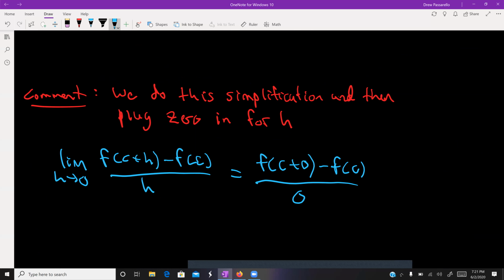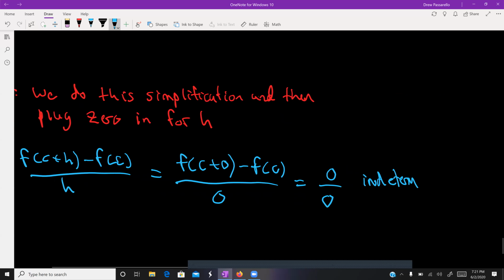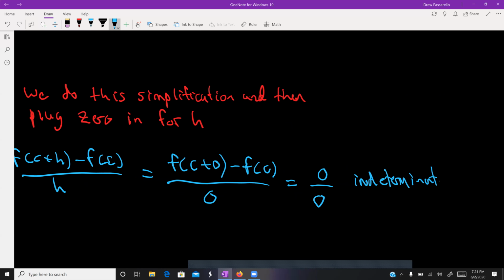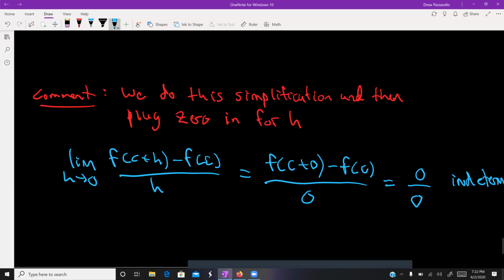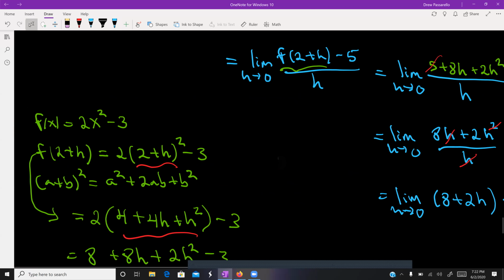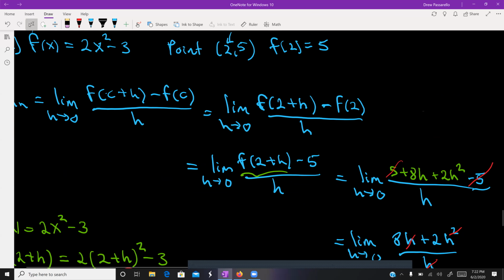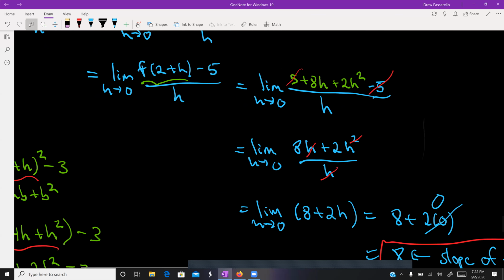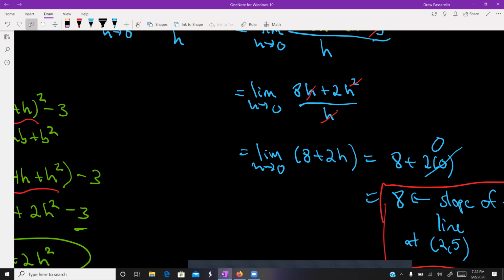And that's going to give me 0 over 0, which is an indeterminate form for a limit. So that's why we don't plug 0 in for h at the beginning of the problem, and we do all this algebra to simplify it to where we can plug in 0 for h.